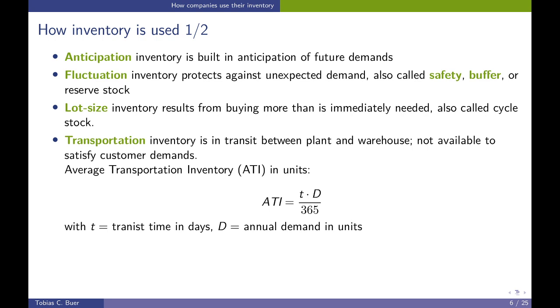Another reason why companies have inventory is that inventory can protect against unexpected fluctuations. We call this type of inventory safety or buffer stock. Let's have a look at the hospital, the donated blood.